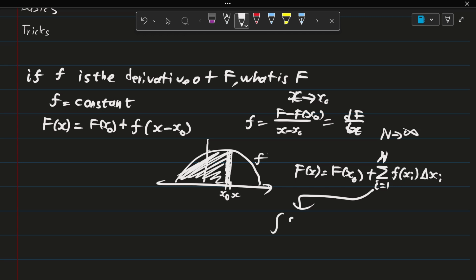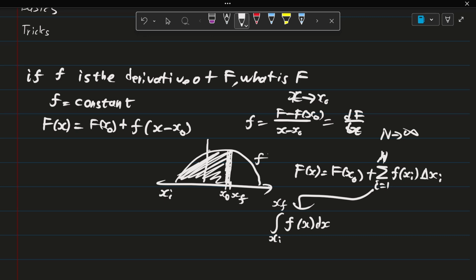It's the integral of f(x) dx from your starting point x initial to the final position x final. So this is the final and this is the initial. It's the same idea in which you have your function, multiply that by the small changes, and then you sum them all up to get the area.